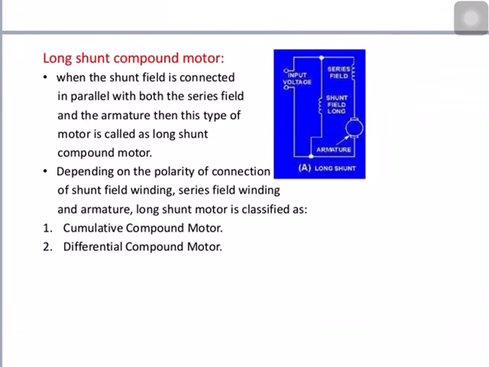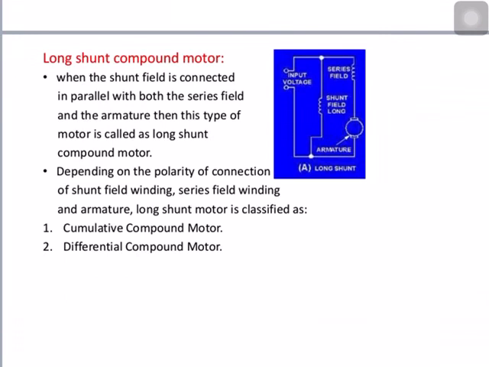So in DC compound motors, both the shunt and series fields act simultaneously. In the cumulative compound motor, the series field assists the shunt field. When the armature current increases, the field flux also increases, and for a given armature current, the torque developed will be greater, and speed lower, when compared to a DC shunt motor.